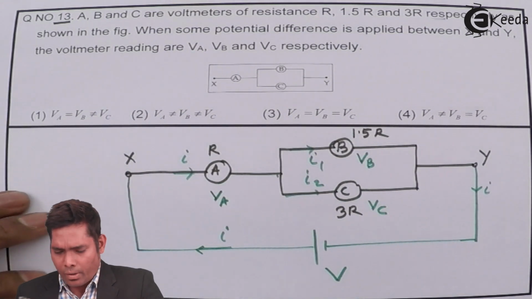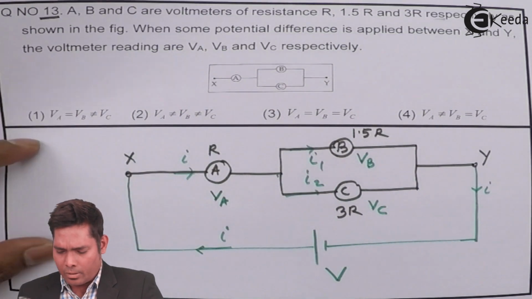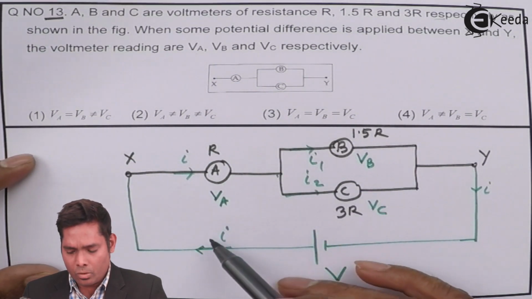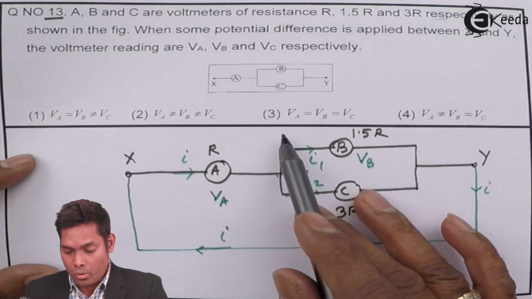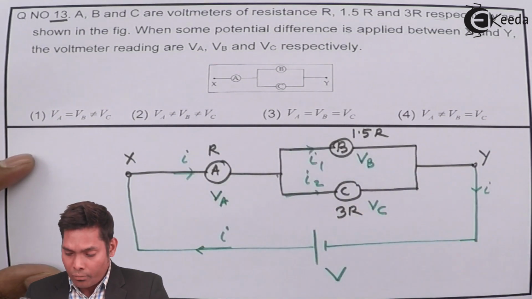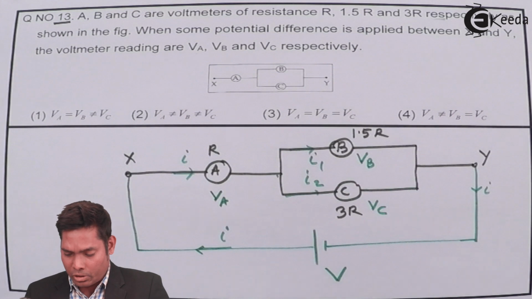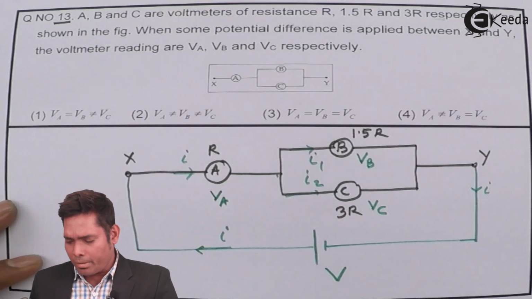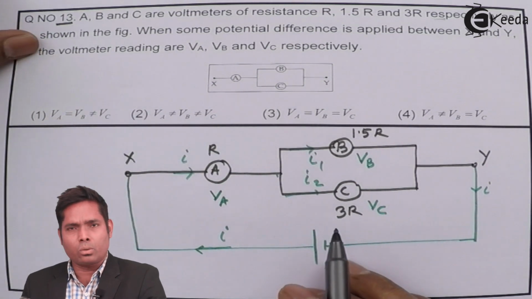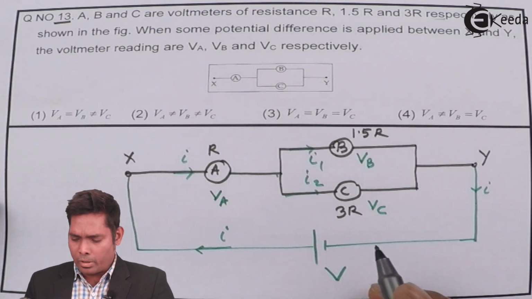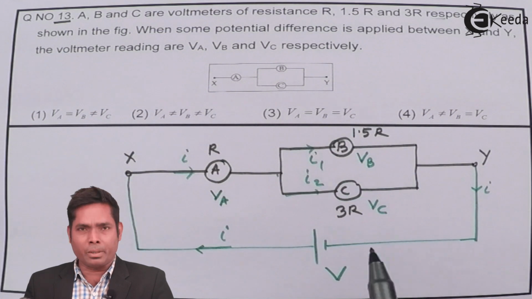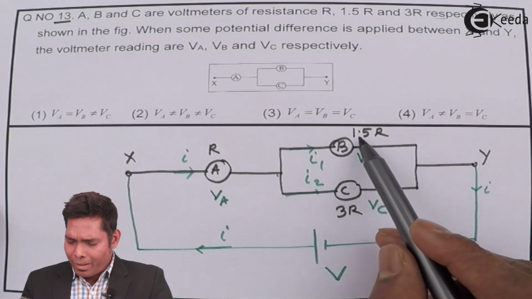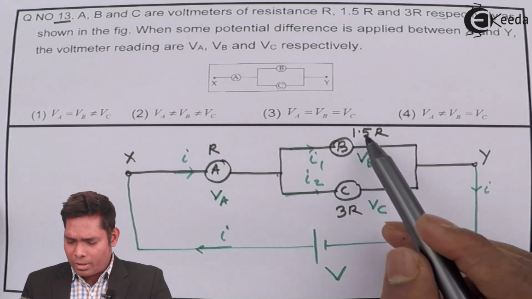If I want to find the value of I, first of all I have to think of another thing. Let me solve it by the shortcut method, because our aim is to first solve the question, not to take more time experimenting. This is 1.5 R and this is 3 R. What is the total resistance?